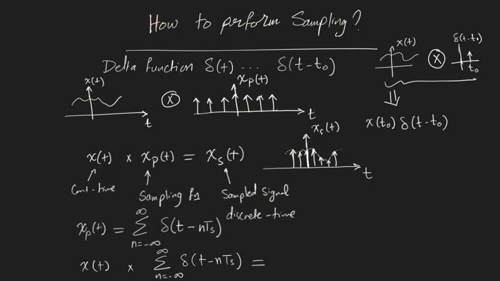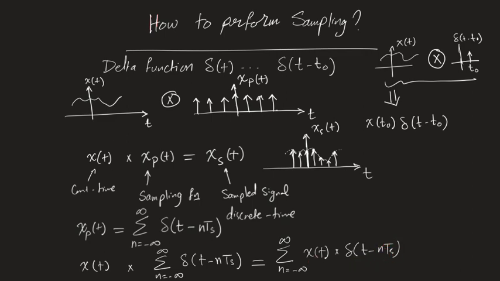We said that when you have this x of t multiplied by a shifted delta, you can represent this as x at the location of the delta multiplied by the delta function, right? So I'm going to write this in two steps. So that's summation from n equals minus infinity to infinity, x of t multiplied by delta at t minus nTs. Now when I look at this, this is a continuous time signal multiplied by a delta at this location.